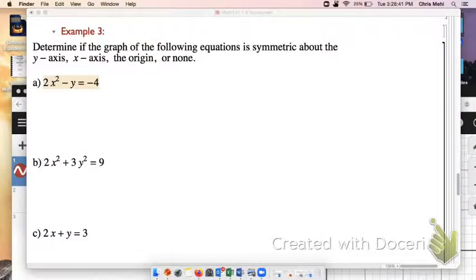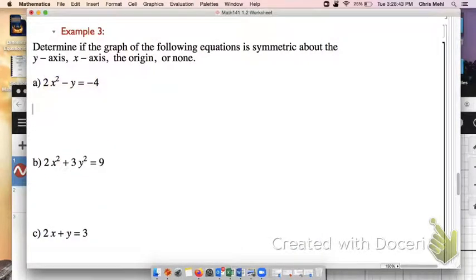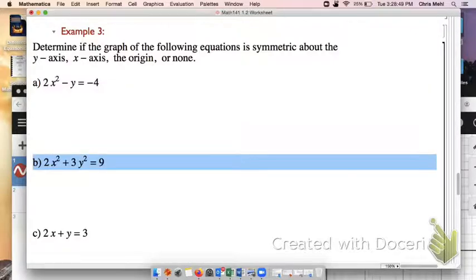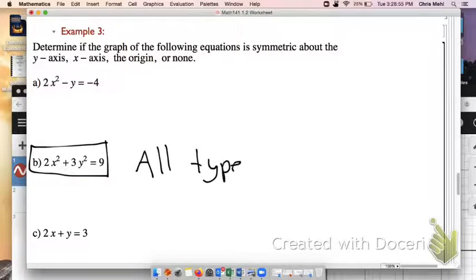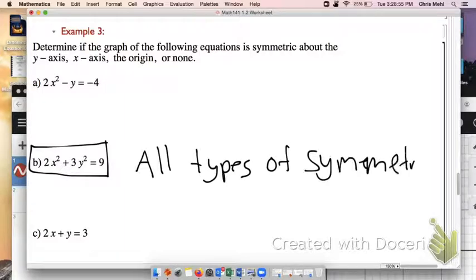Okay, so there's example 3, parts B and C. In part B, you're going to see that this has all types of symmetry when you work it out by hand, or when you go into Desmos and look at the graph.